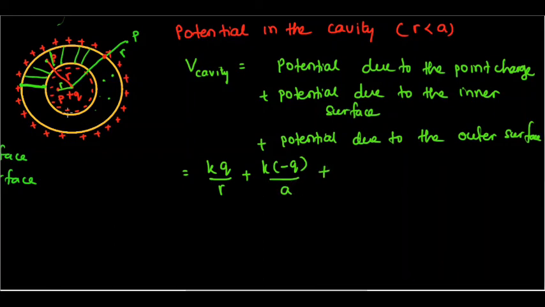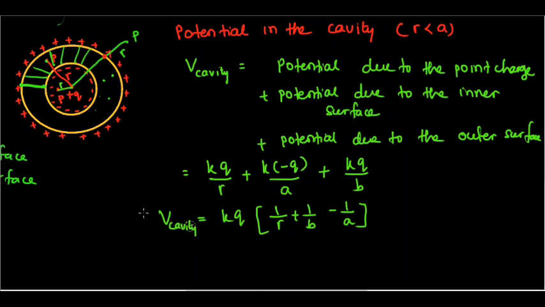And again, the point P also lies inside the outer surface. So the potential at P due to the outer surface will be k q by b. So if you take k q common, then you will get 1 by r plus 1 by b minus 1 by a. So this is the expression for the potential in the cavity of this hollow sphere.